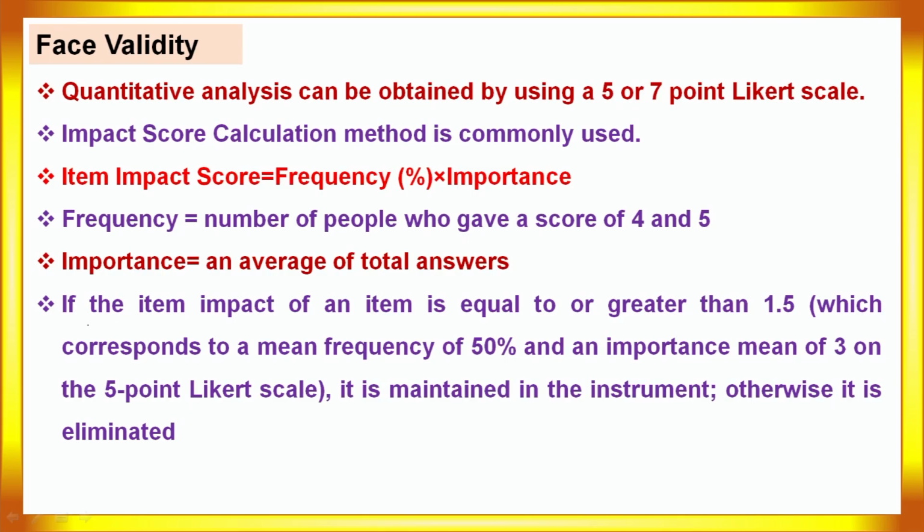What is the frequency? Frequency means the number of people who gave a score of 4 or 5. Maybe there were 10 experts, and among the 10 experts, 7 of them gave the score of 5. So, this 7 is its frequency, and importance means the average of the total answers.